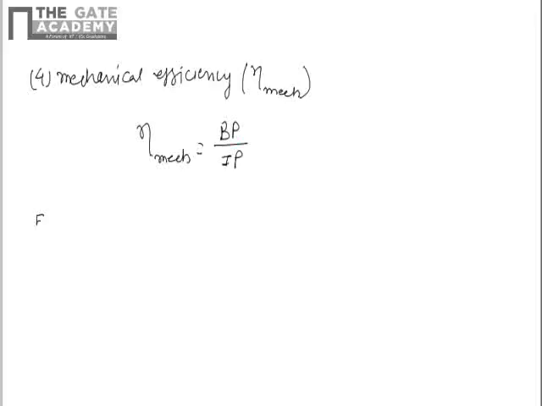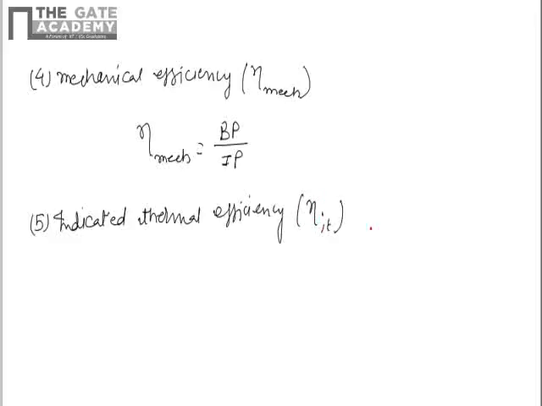Now I will talk about some more efficiencies. Let's take indicated thermal efficiency, denoted by eta IT. Indicated thermal efficiency is the ratio of the energy associated with IP to the fuel energy.